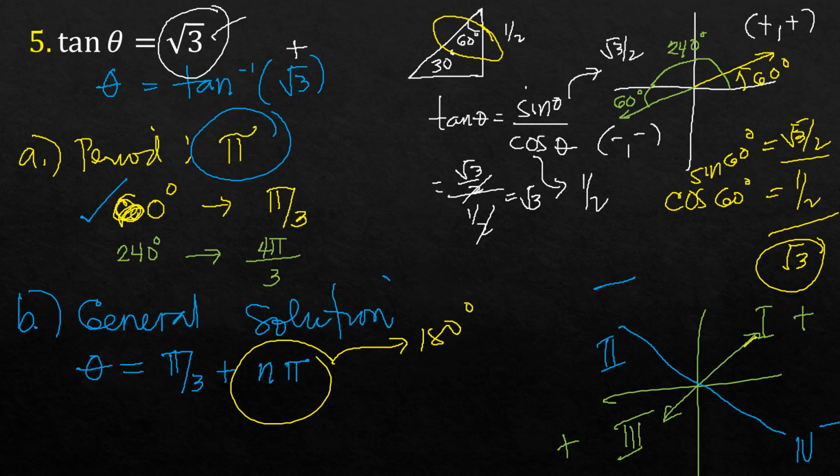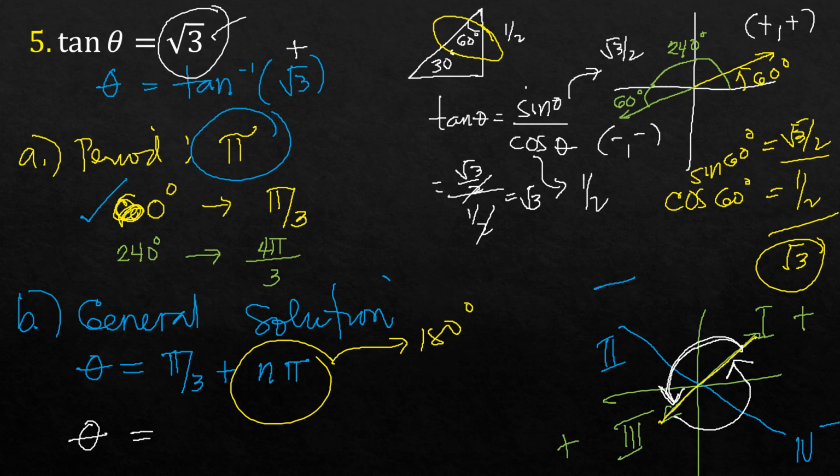Because as I've said here, if you move here, then you always have half of it, 180 degrees, then you move again another 180 degrees. You are not forming here 360 degrees because you need to move 180 degrees at a time, okay, for you to get another solution.